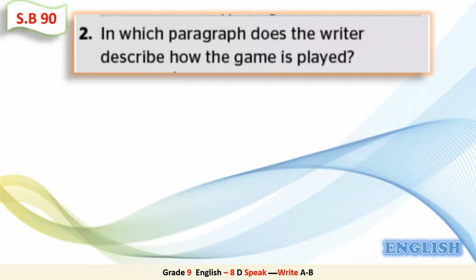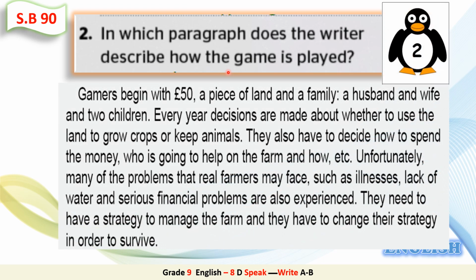Now let's go to question number 2. In which paragraph does the writer describe how the game is played? What do you think? Excellent. In paragraph number 2. Let's see what the writer has told us about the description of how the game is played.